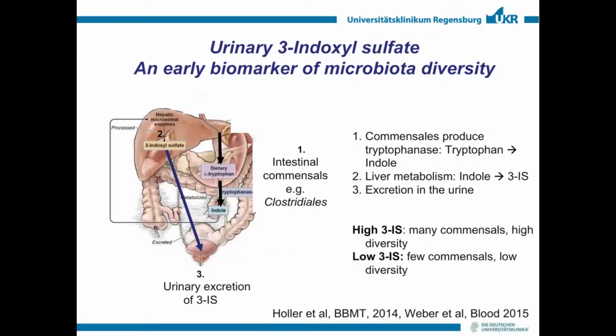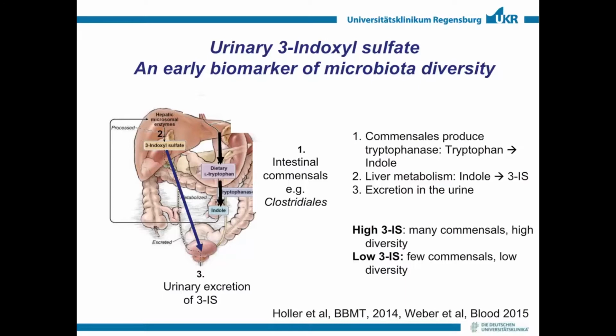Now, our group used a different approach to analyze microbiota diversity, and we went back to the metabolites produced by these bacteria. One interesting group of metabolites are indoles. Indoles are derived from tryptophan in the gastrointestinal tract.